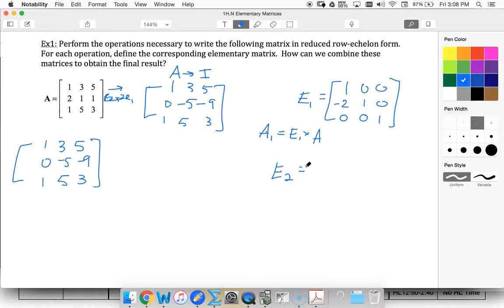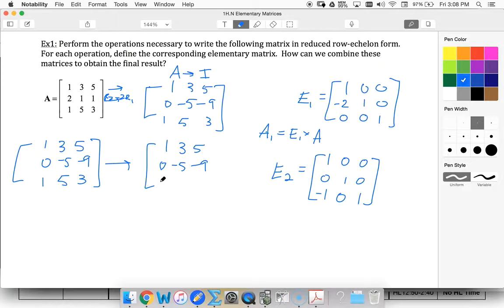So elementary matrix 2 is going to be leave row 1 alone, leave row 2 alone, and row 3, let's do row 3 minus row 1, so negative 1, 0, 1. When I do that operation, this is going to yield 1, 3, 5, 0, negative 5, negative 9, and then 0, 2, negative 2.